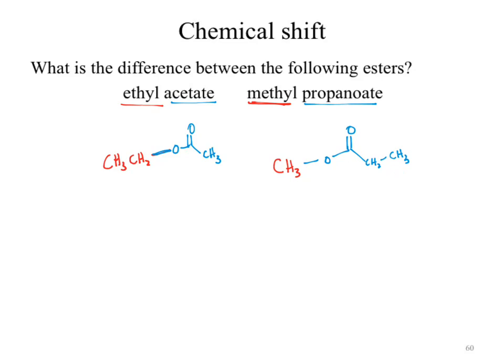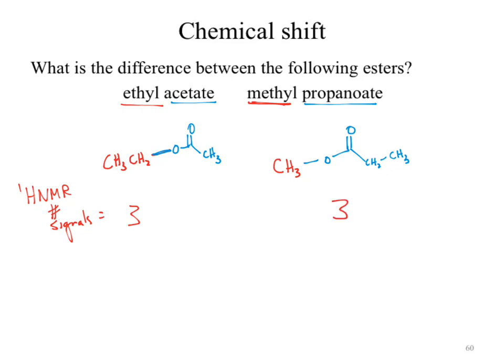If we went through to look at the number of signals, what would our number of signals be for each of these? For hydrogen, sorry, good call. So our ethyl acetate gets us 3, and our methyl propanoate gets us also 3.